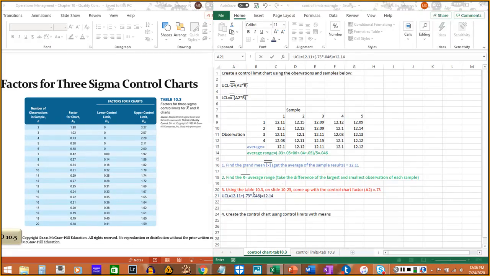Alright, so that gives us our upper control limit of 12.14.